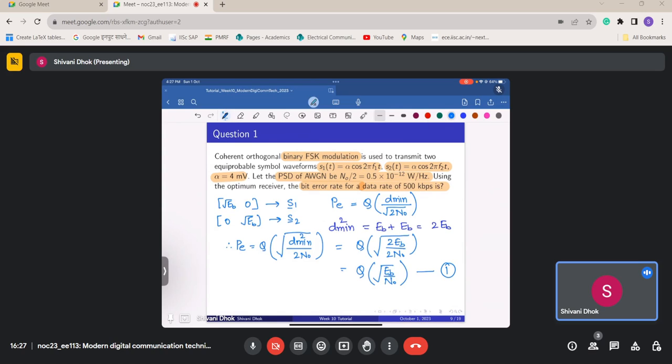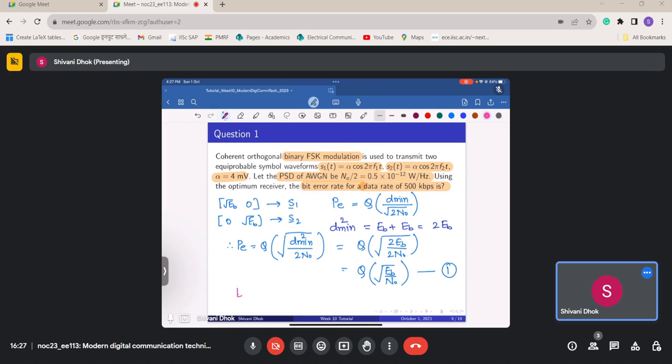So we know the value of N naught from this given quantity. However, what we need to find is this EB. So what we don't know is what is the value of this EB. So by definition, this EB is equal to the energy of this signal as well as energy of this signal.